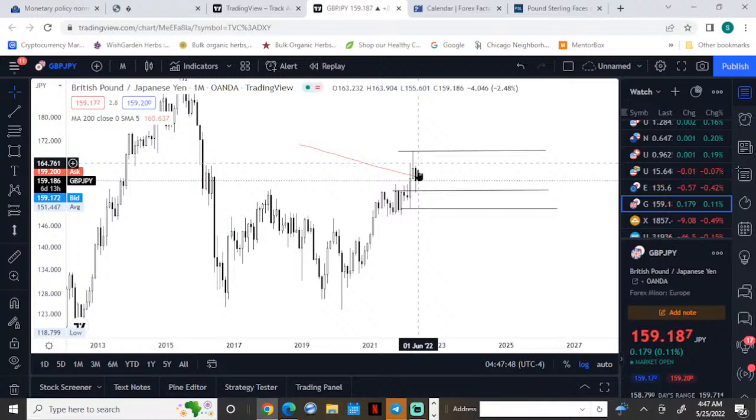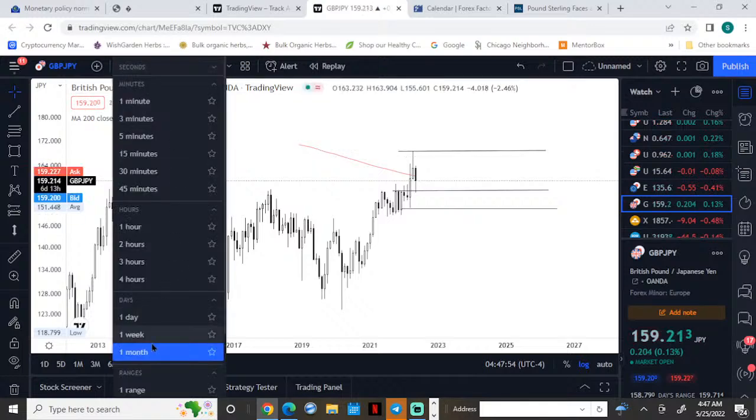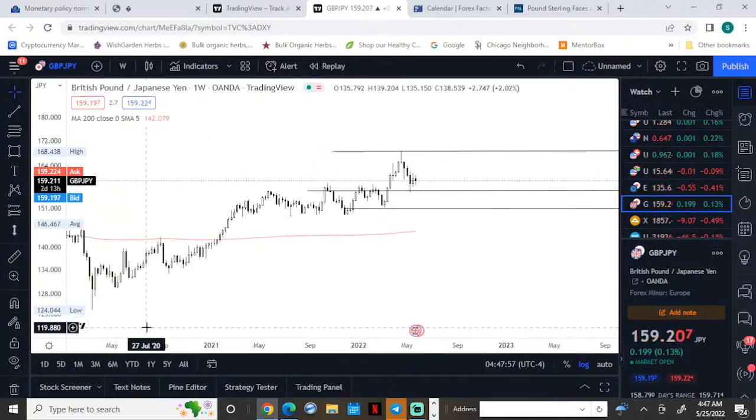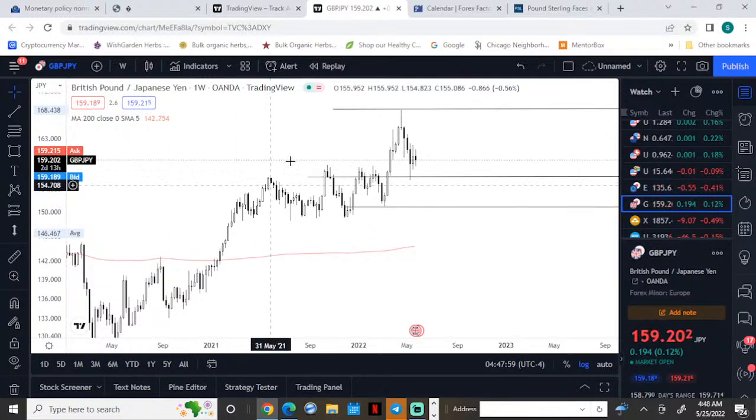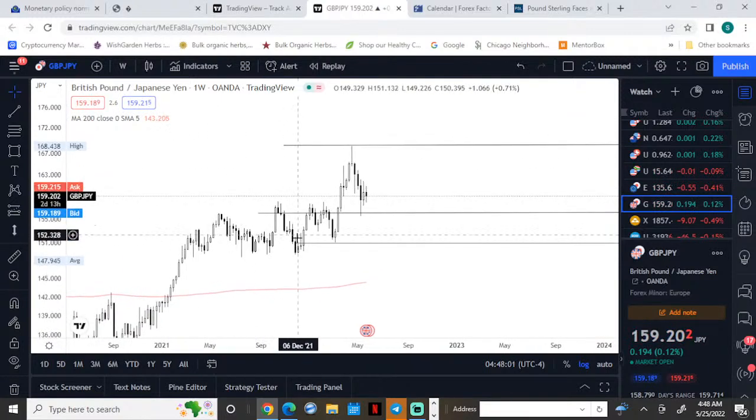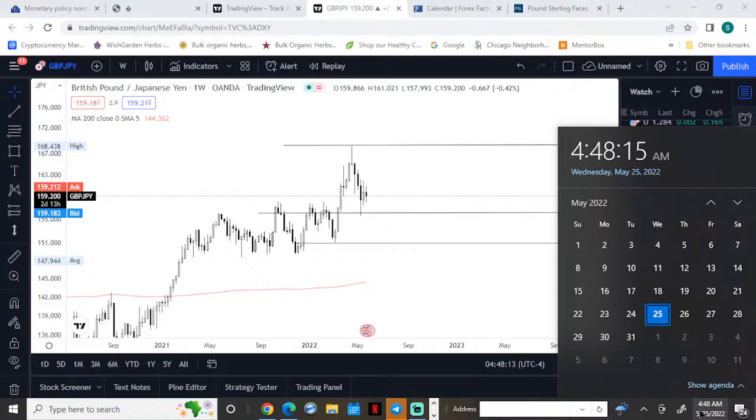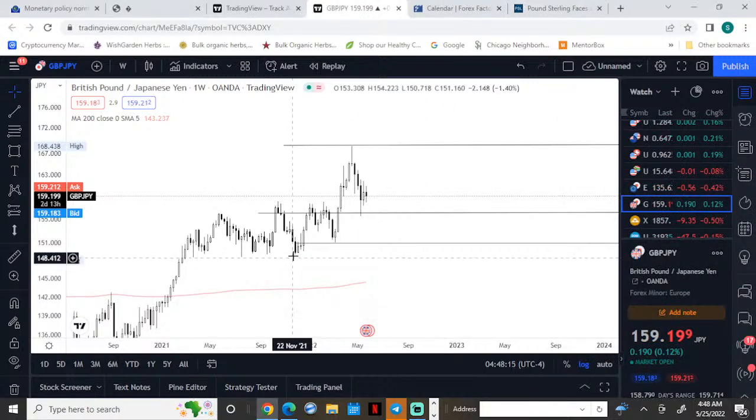It broke and retested. So it's relevant. And it just retested here in May. So this is the zone that we are dealing with at the moment. We got this double bottom from November 2021. And just recent here, we got the second touch, March 22nd. That was what, Sunday? So extremely relevant area.